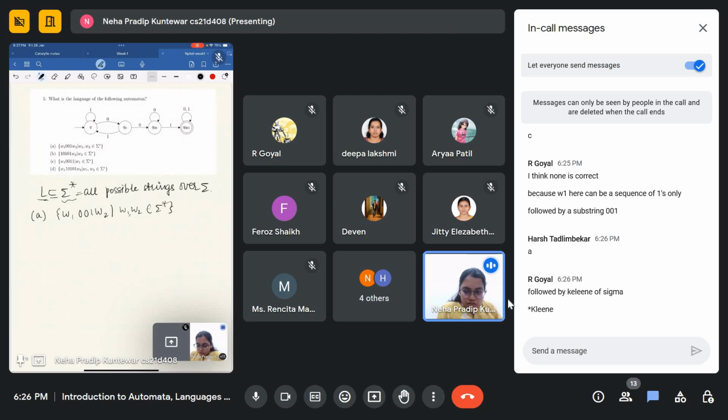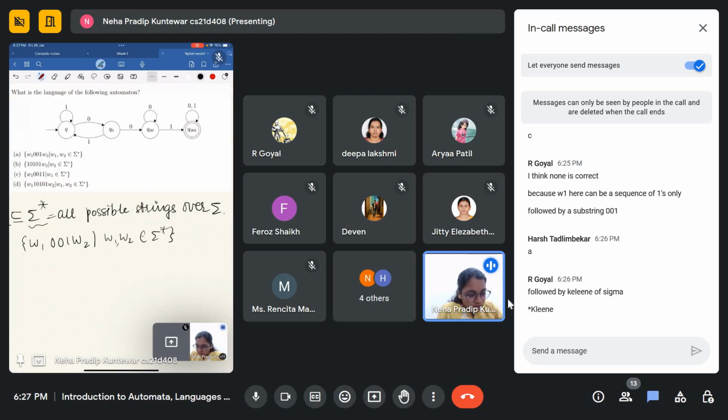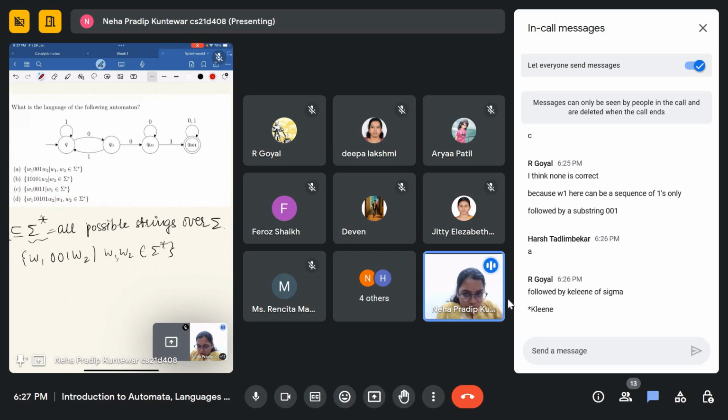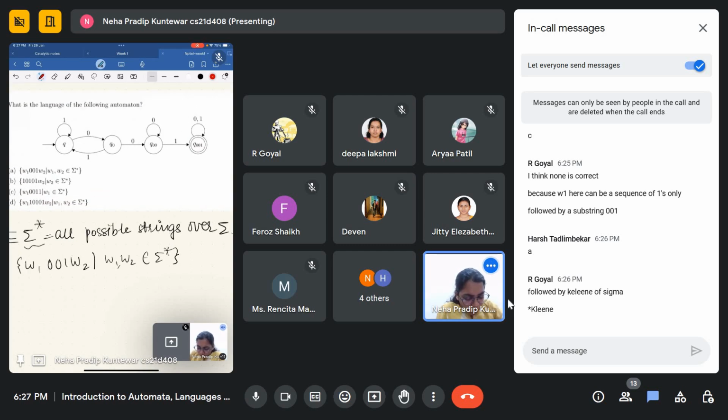What this automaton does is it starts in the state Q, and then it could read a set of ones. It may not even read any, but once it sees a 0, it goes on to the state Q0. Then if it sees a 0 again, it goes on to the new state.